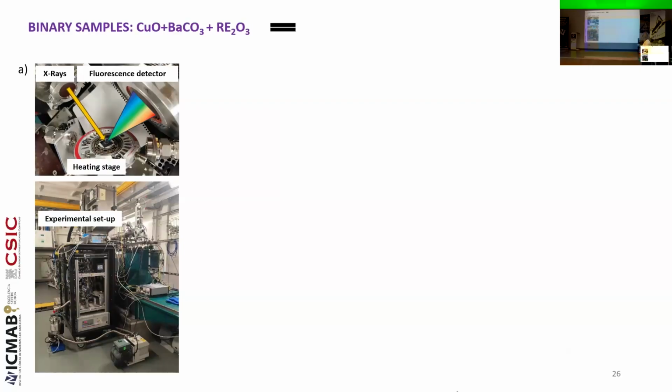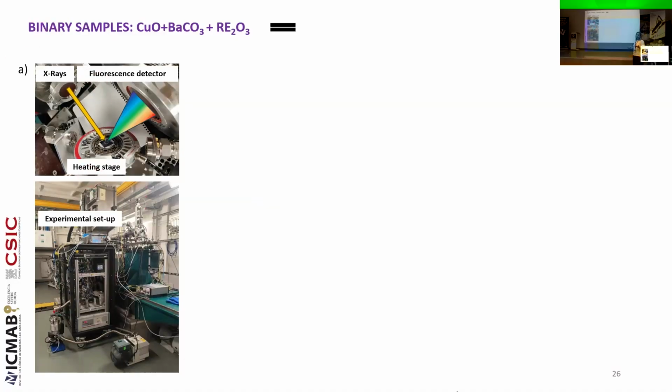So usually, if you are familiar with X-ray absorption spectroscopy, you should know that one of the spectra takes around a few minutes to acquire. So, of course, this short-lived transient liquid phase, we wouldn't be able to see. So we had to look for a solution, and it was in the use of binary samples.